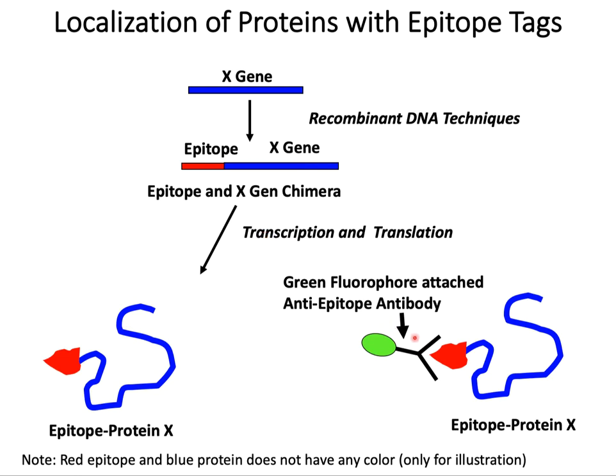The advantage is, from a commercial point of view, you do not have to produce the primary antibody against the protein. Here it is the protein X, which is a substantial time and cost saving. Then anti-epitope antibodies like anti-FLAG, anti-MYC, anti-HA are readily commercially available, and as they are widely used, the cost is extremely affordable.